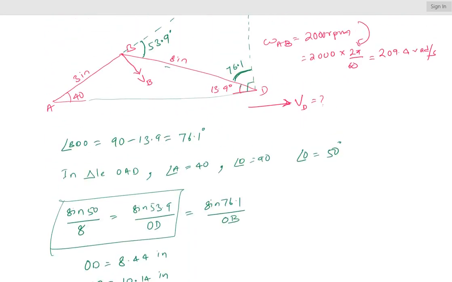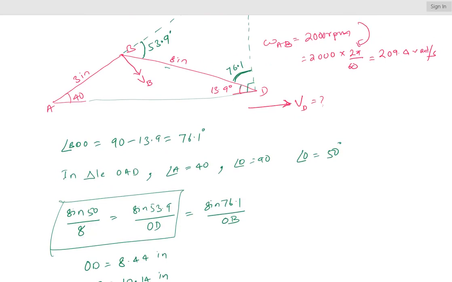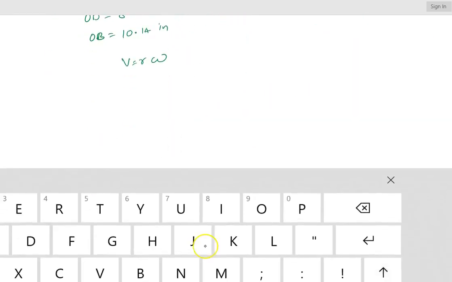We know R, which is 3, and we know its angular velocity, 209.4 radians per second, so we can find VB.